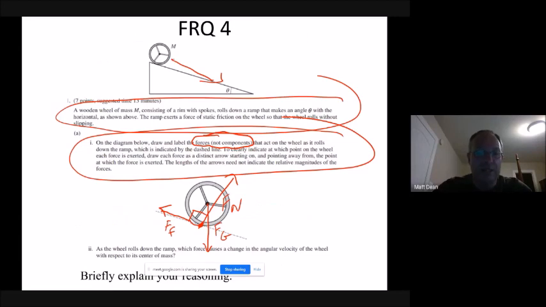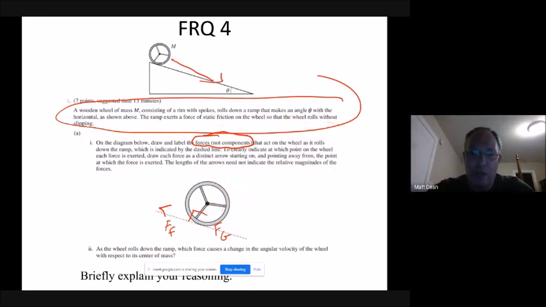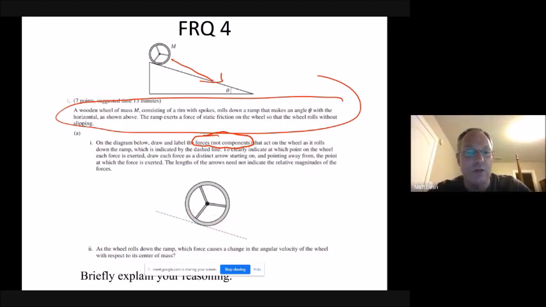All right, so now let's look at the second part of this question. Part 2. As the wheel rolls down the ramp, which forces cause changes in the angular velocity of the wheel with respect to its center of mass? So what you've got to think about is change in angular velocity.